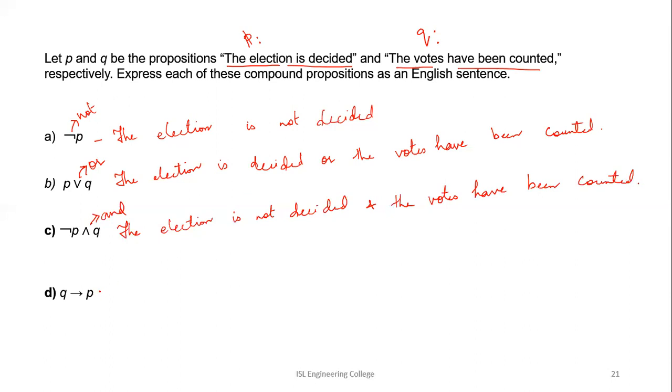After that, the last statement is implication. So implication is over here we have Q first. So if Q, then P. So this will be written as if the votes have been counted, then the election is decided.